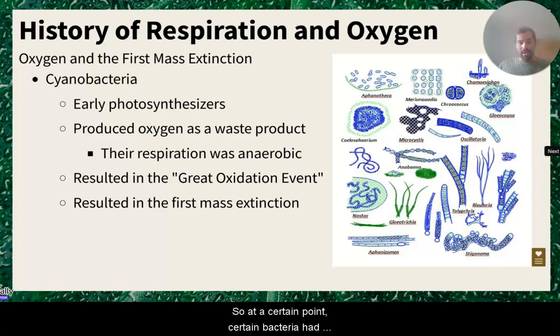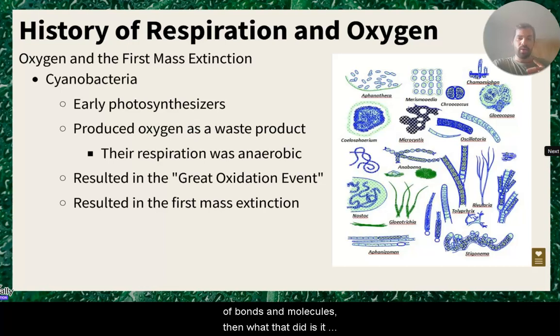At a certain point, certain bacteria developed a metabolic pathway of taking light and using it to bind together different chemicals in the form of sugars and other organic chemicals, storing that energy of light within the bonds of molecules.